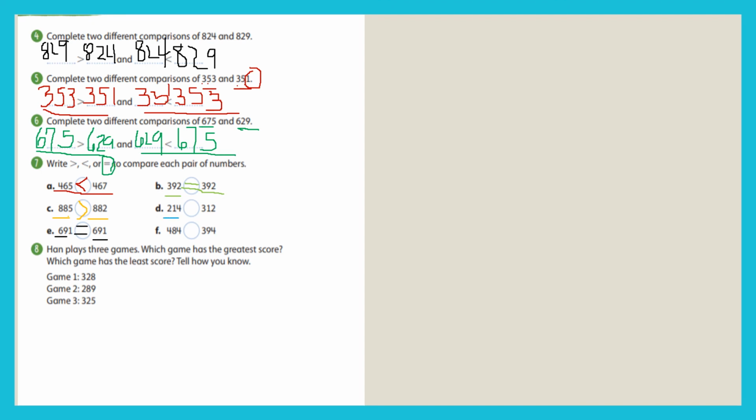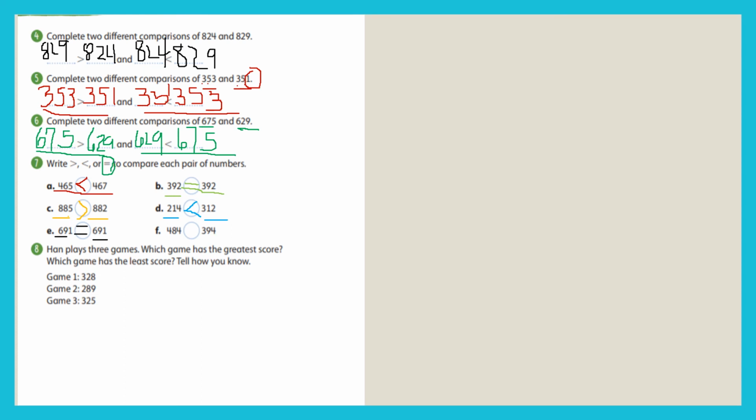214 and 312. Let's compare the hundreds. I have 200, I have 300. 300 is greater than 200, so I put the arrow like that and it reads 214 is less than 312. Now we'll go to the last one. 484 and 394.